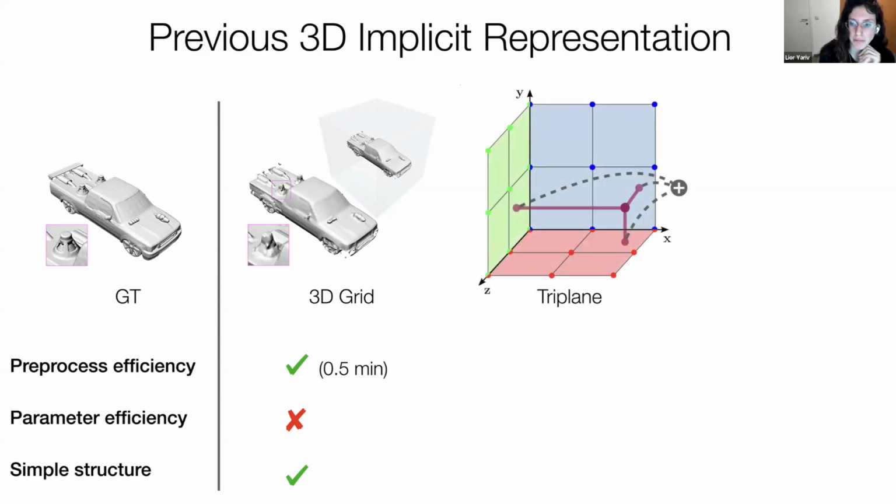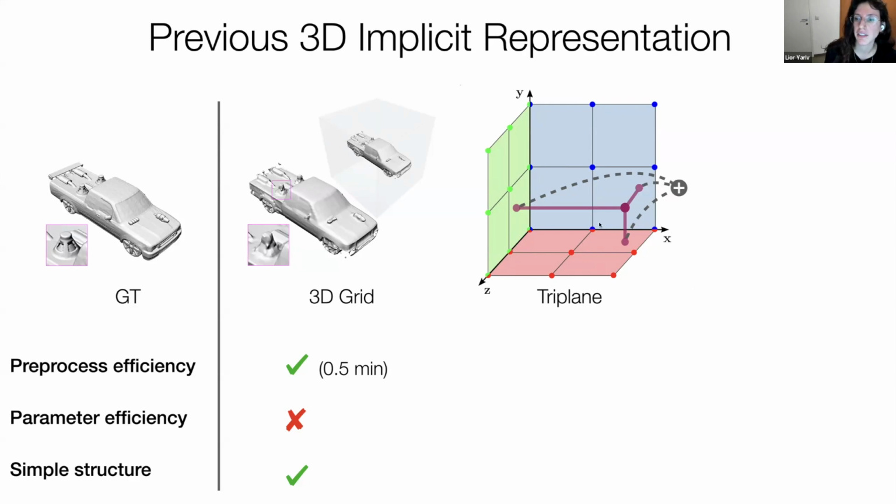The three-plane representation is a compressed version of the 3D grid. Now, in order to evaluate the implicit function at a 3D point, you first project it to each one of the planes. We have 3 planes, for X, Y, and Z, one for each of the axes.